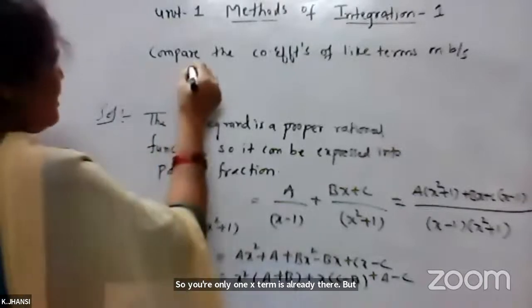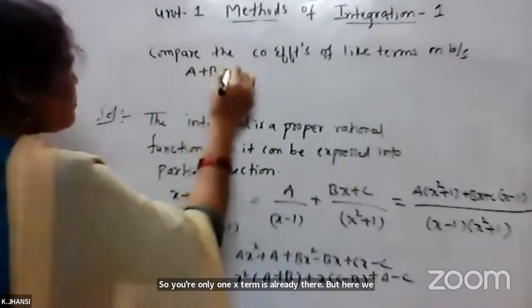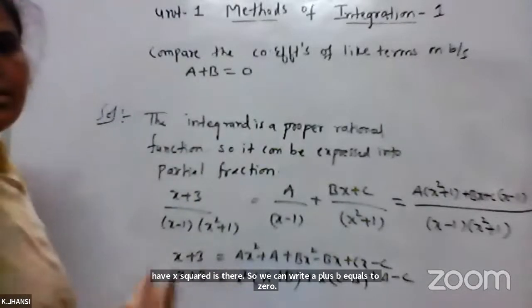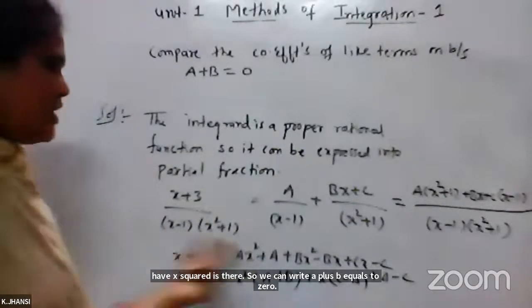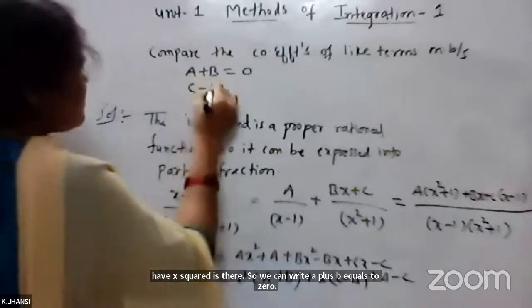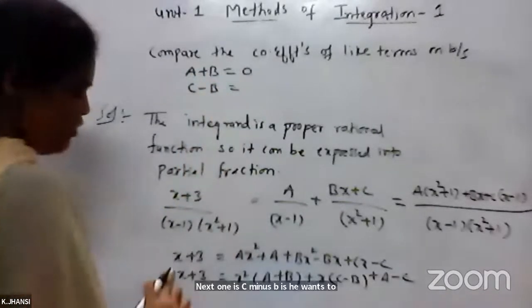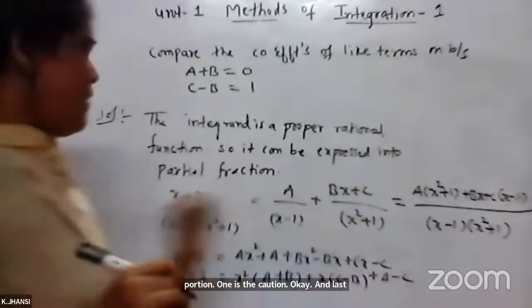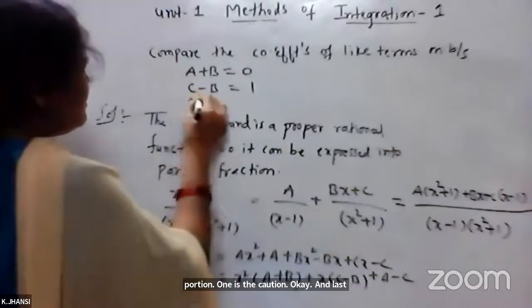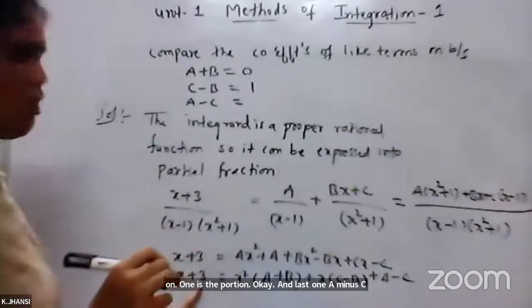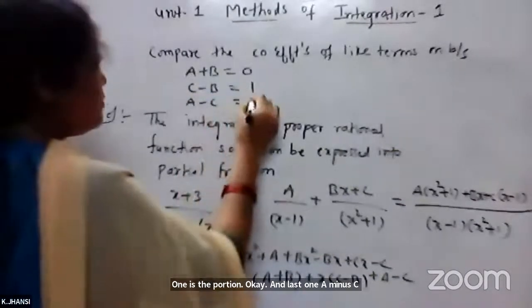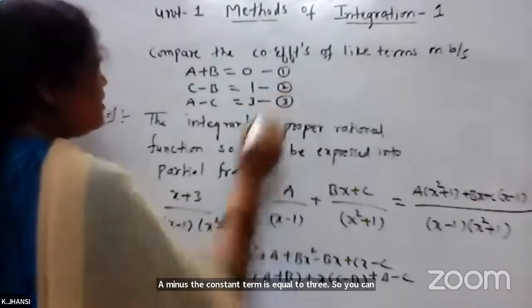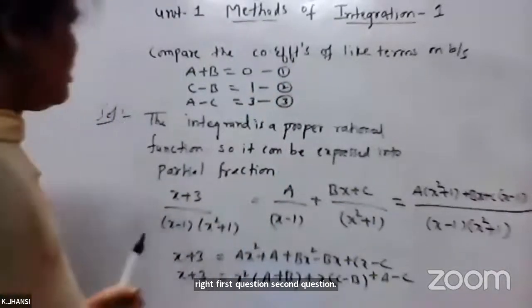So we can write a plus b is equal to 0. Why? Because the x square term is not there, meaning its coefficient is 0 here. Next, c minus b is equal to 1, since 1 is the coefficient. And the last one, a minus c, the constant term, is equal to 3. So you can write first equation, second equation, third equation.